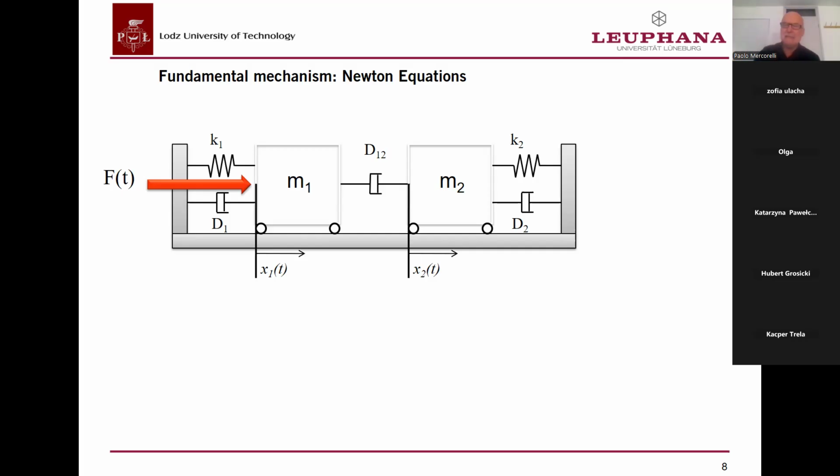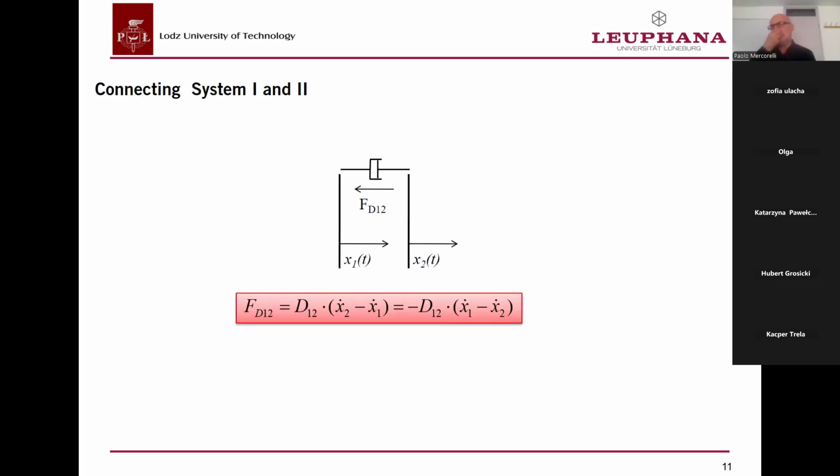And this is a little bit what I will try to explain here. Minus d12, which multiply x1 derivative minus x2 derivative. Or, if you want, plus d12, which multiply, in parentheses, of course, x2 derivative minus x1 derivative.